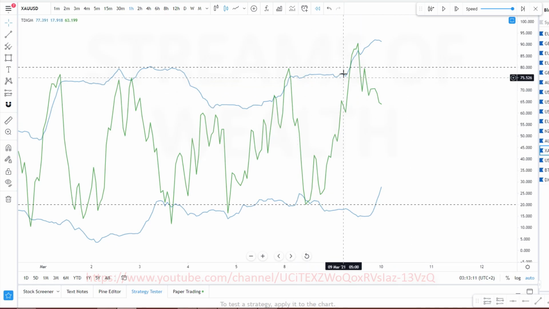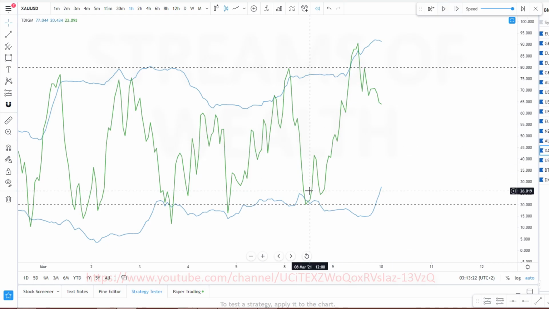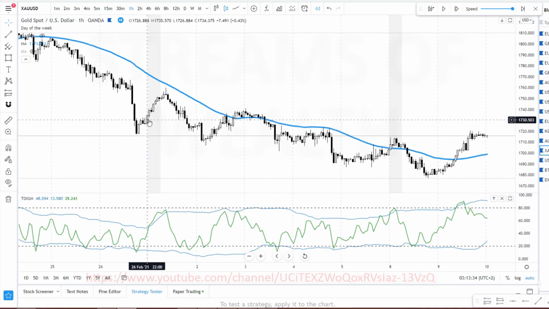So this blue line needs to be broken, and it also has to be under 20 or above 80. And then we have to see some strong reversal, for example like this, or not, this is not this, as you can see, strong reversal. Or this is even better, as you can see, look, it went up, very good.